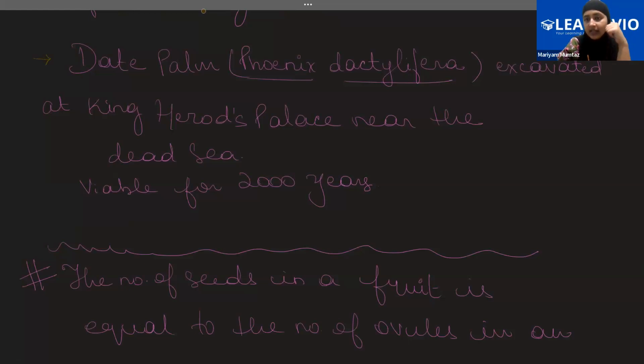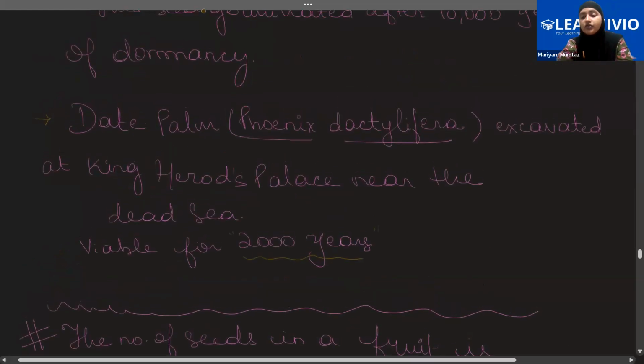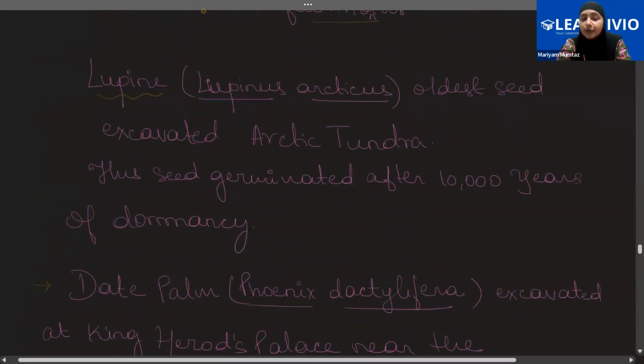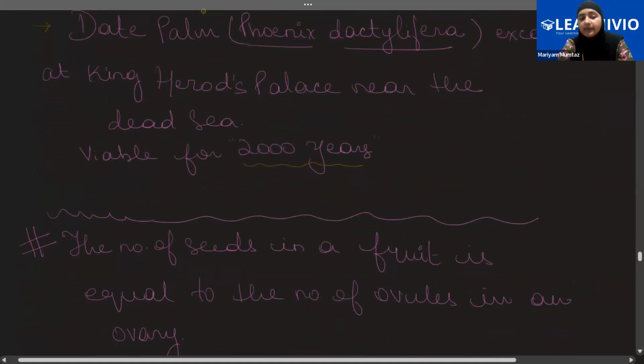This was excavated at King Herod's place near the Dead Sea, and it is viable for 2,000 years. So even after 2,000 years, if we plant the seed of the date palm, we can get a new plant. So the greatest dormancy period was of lupine, then comes the date palm.